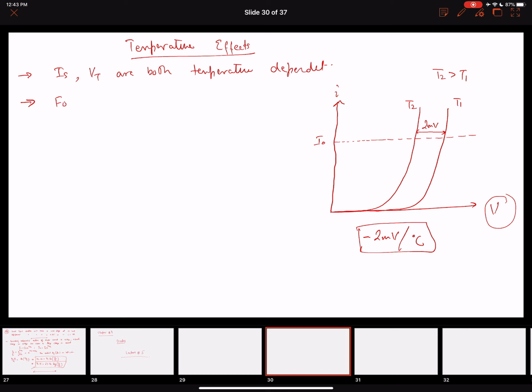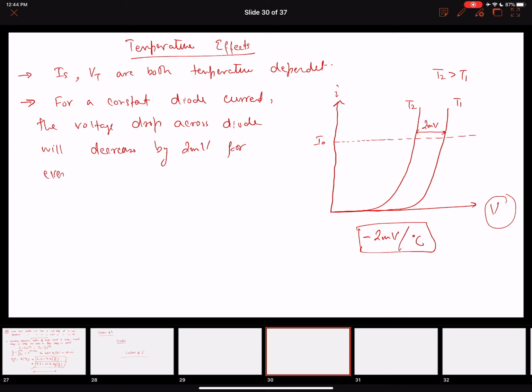So for a constant diode current, the voltage drop across the diode will decrease by 2 millivolts for every 1 degree Celsius rise in temperature.